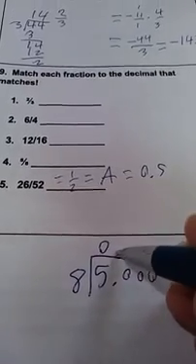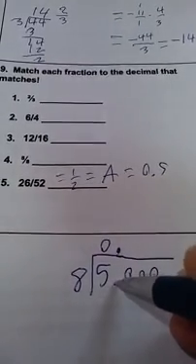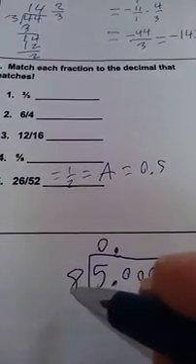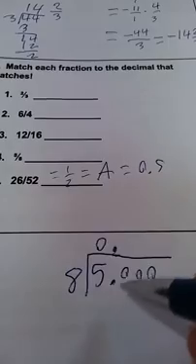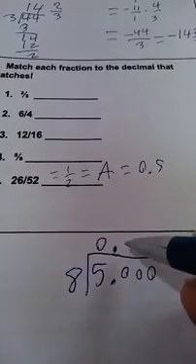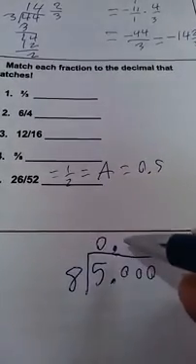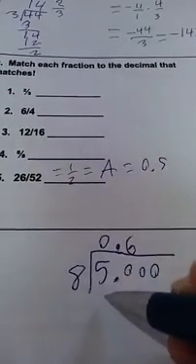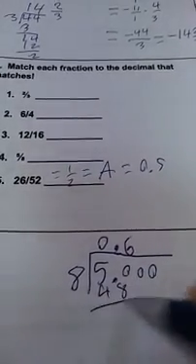Let's bring our decimal up to where it goes, right above where it is in our dividend. So 8 now goes into 50. 48 is a multiple of 8, so that goes into 50 6 times. 6 times 8 is 48.